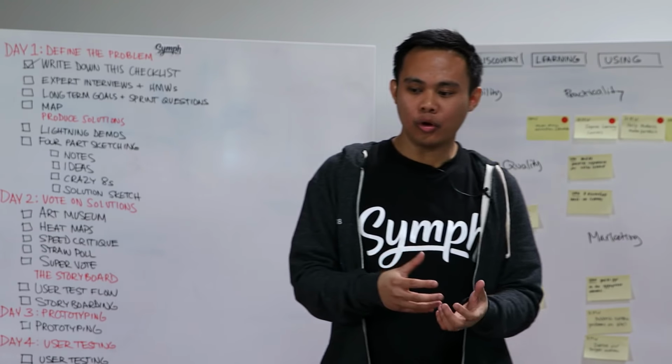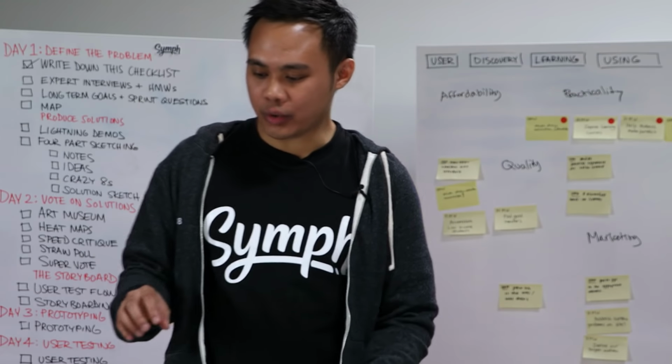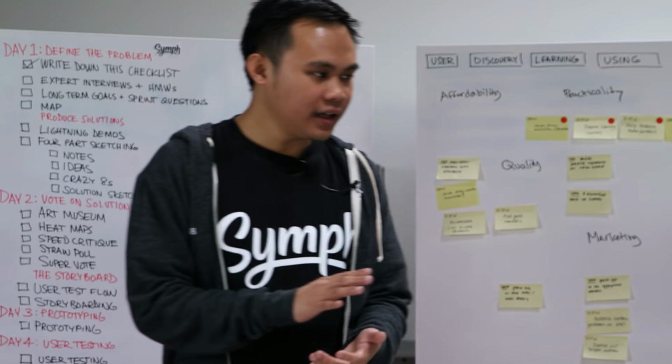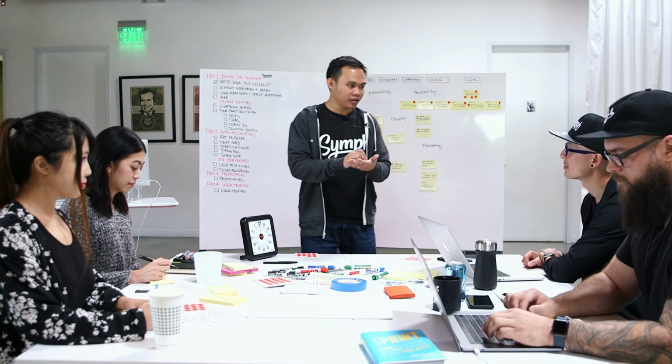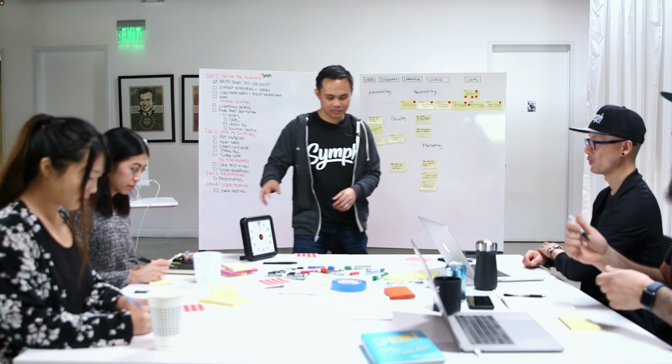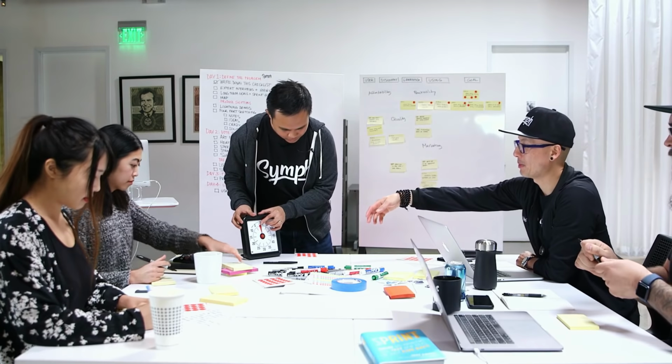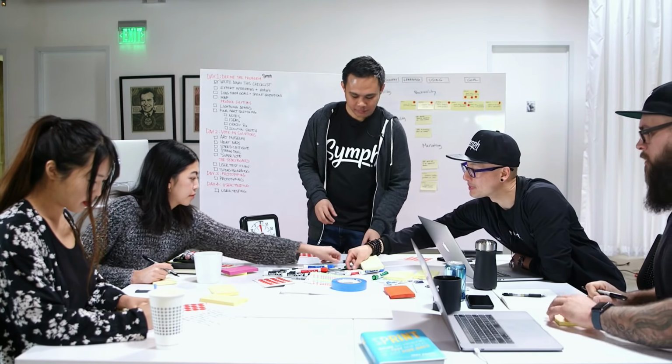In the long-term goal, we're going to write individually. In 2 years, if everything goes well with your product, how would that look? Just write down your idea and put it on the note. Maybe I need to participate. Can you hand me one of those pads? Thank you.